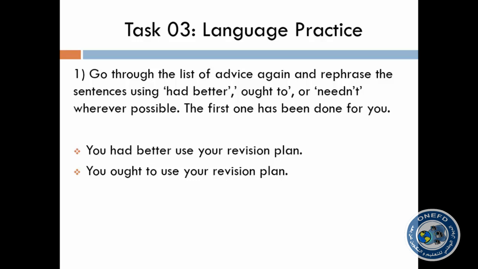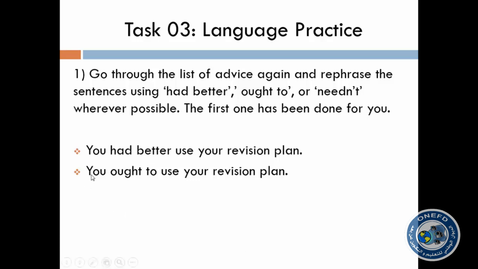Use is the verb, the stem of the verb to use. So had better plus use, and the rest of the sentence.